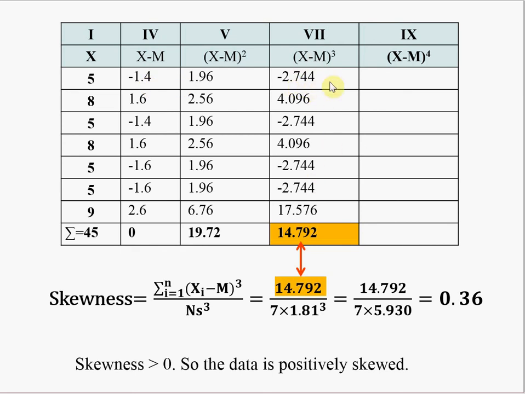After that, you find the sum over all cases to find a big sum right here, the sum of cubed deviation. This is the formula here. This big sum goes to here. At the bottom, the number of cases is 7, multiplied by the standard deviation raised to the third. So 1.81 raised to the third is 5.93. You complete the calculation, and you obtain the skewness 0.36, a positive number. That means the data is positively skewed.